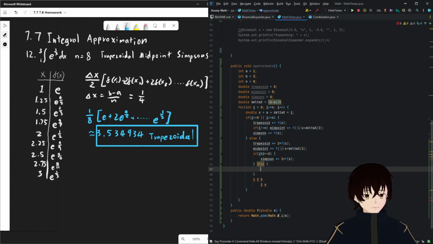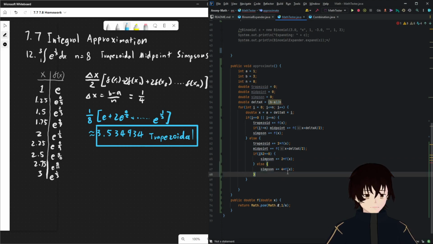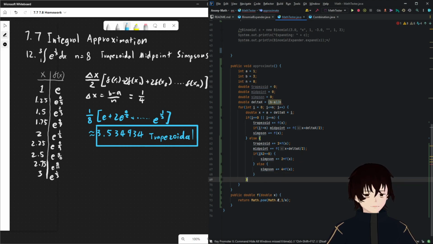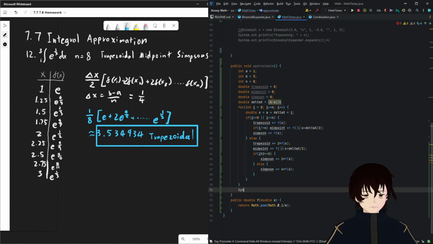Else, Simpson is going to be 4 times f of x. And let's write some prints.